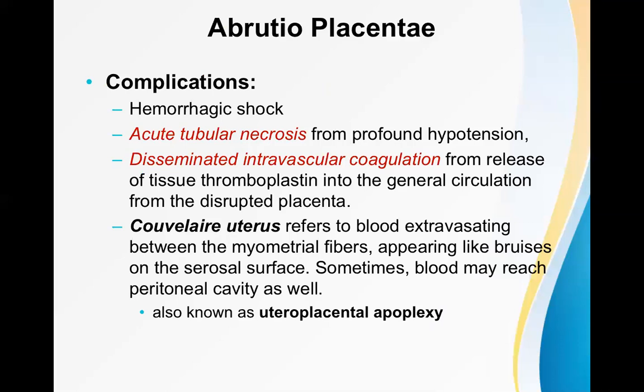Now, what are the complications of abruptio placentae? So what can happen to the baby as well as the mother? Now, the mother will suffer from hemorrhagic shock. This hemorrhagic shock occurs because of excessive hemorrhage. Very easy explanation. Another, acute tubular necrosis. What is acute tubular necrosis? I want a quick answer here.